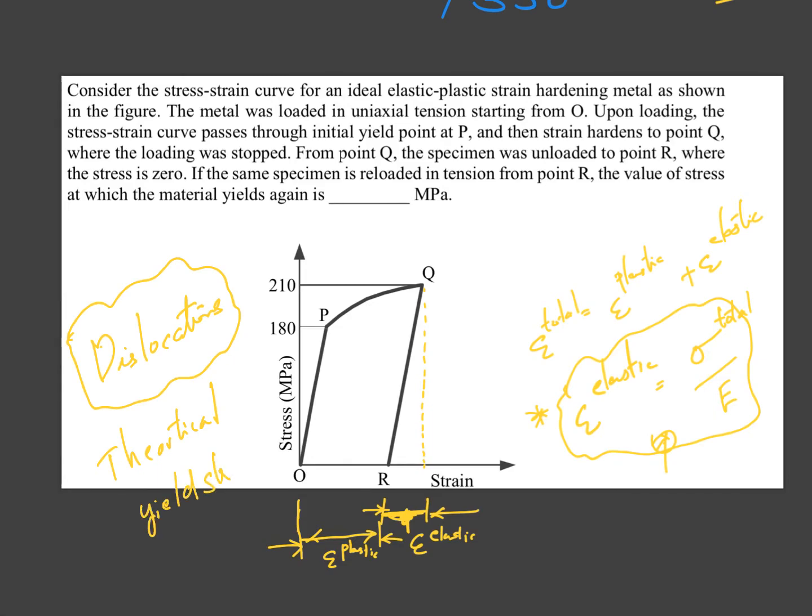So when you subject a particular specimen to yielding, more and more dislocations will get developed inside the material, but it doesn't weaken the material. Intuitively one can say, I'm subjecting the material to yielding, so I'm creating more and more dislocations, but I'm not weakening the material.